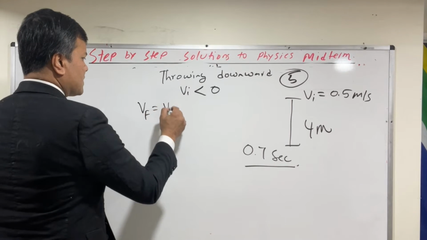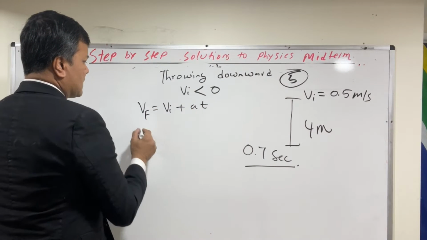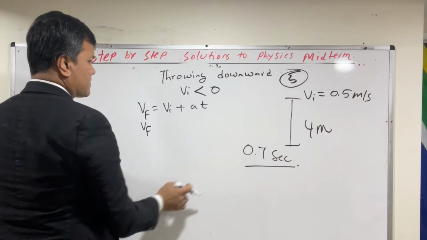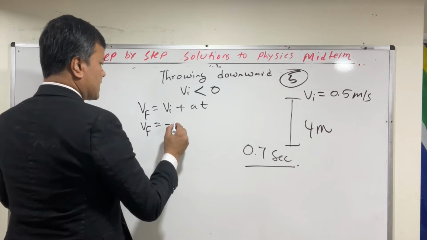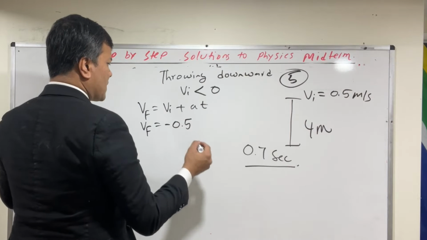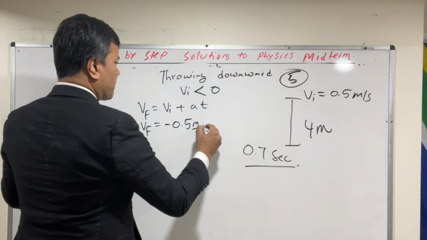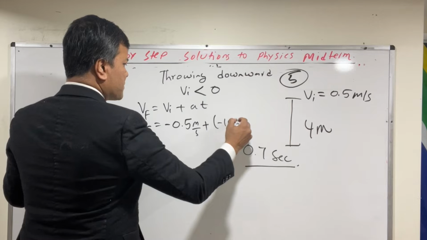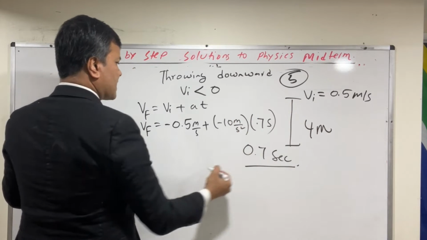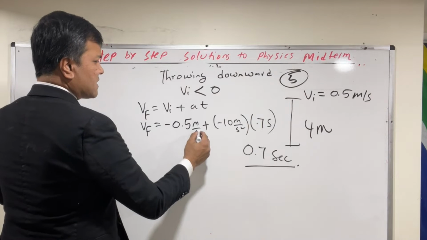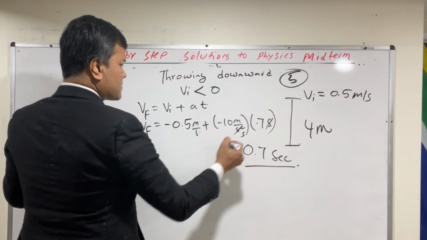Vf is equal to Vi plus at. So Vf at the end of 0.7 second, V initial of course is negative 0.5 meters per second plus negative 10 meters per second squared times 0.7 second.